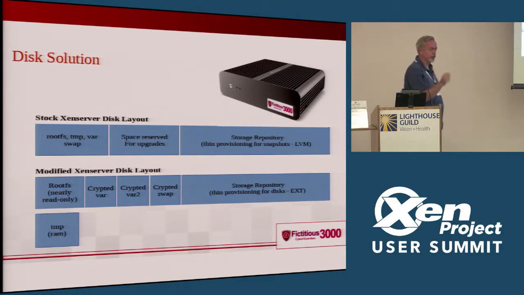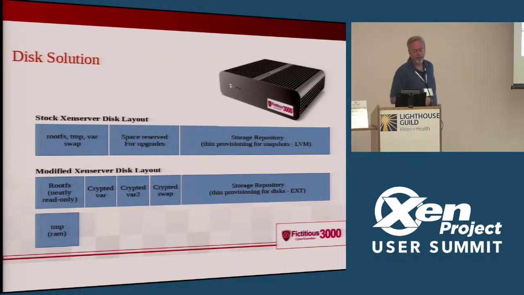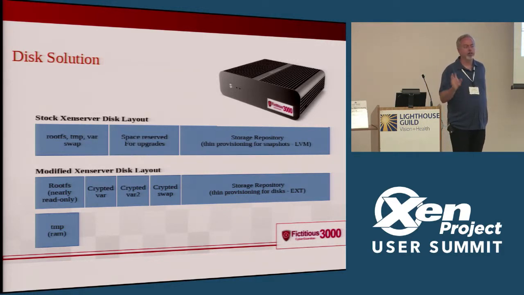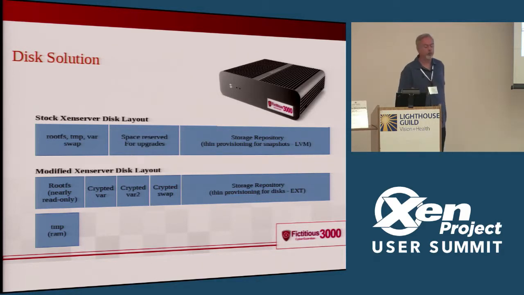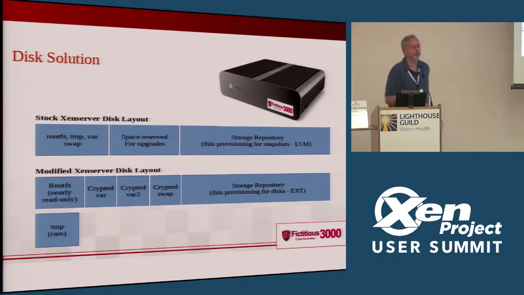We have an external USB key that has the cipher on it, and it knows to go look there. And then we have a duplicate of that partition, basically a golden image. So the var2 there is a golden image. It's a var that works. The first one is going to be writable, and we're going to be writing to that. We're going to log to it and stuff like that. So the chances of it getting messed up are possible if someone goes up and pushes that button.